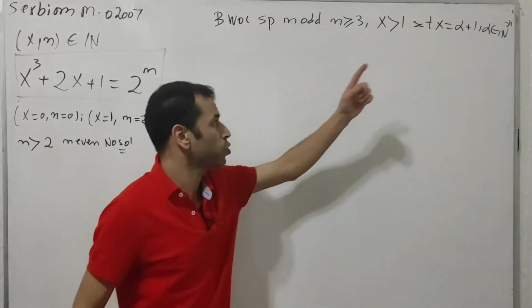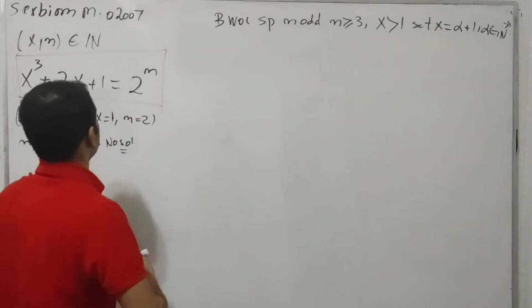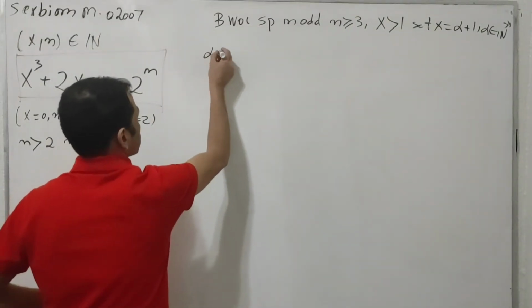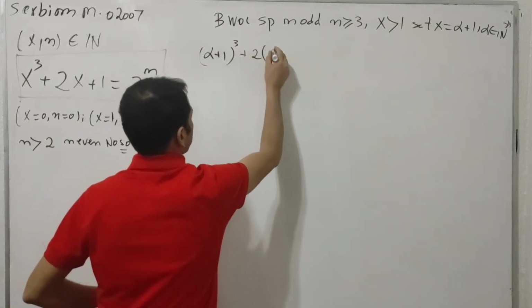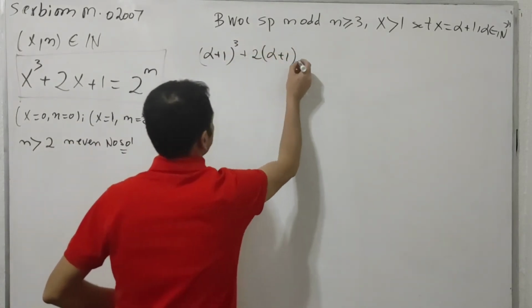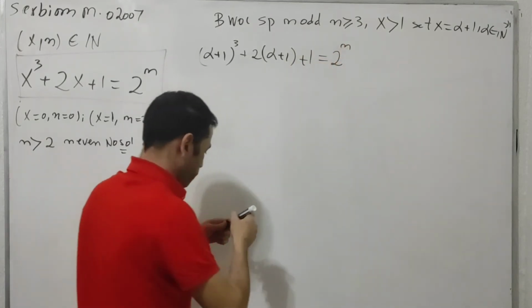As I did before, I'm going to insert this value of x into the original equation to see what it gives us. So I have (alpha+1) cubed plus 2 times (alpha+1) plus 1 equals 2 to the n.